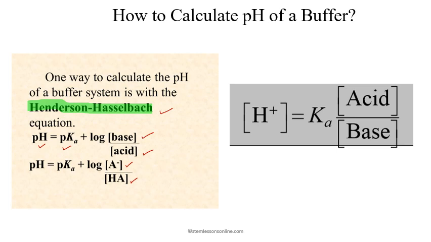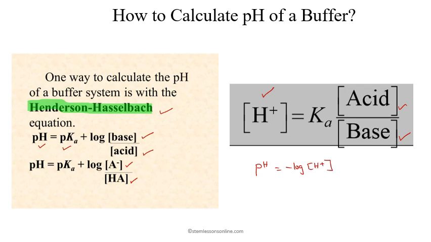Another way of calculating the pH of a buffer is to first find the hydrogen ion concentration, which equals Ka times the concentration of the acid divided by the concentration of the conjugate base, and then calculate pH equals negative log of the hydrogen ion concentration.